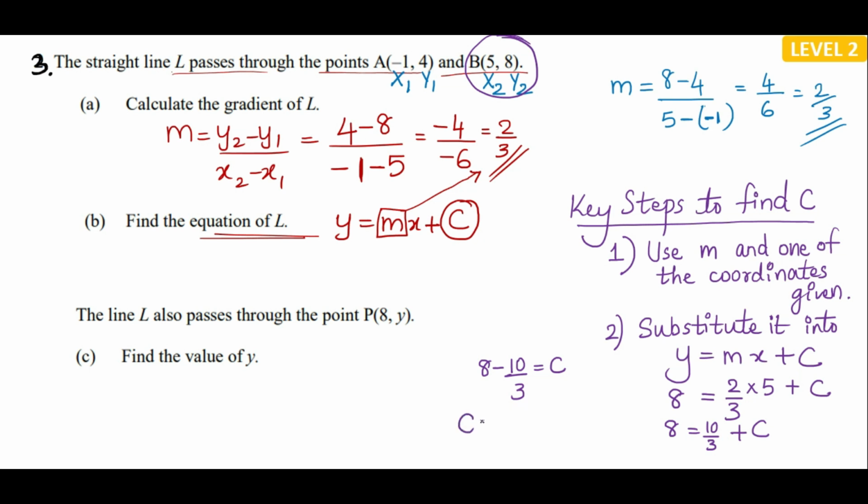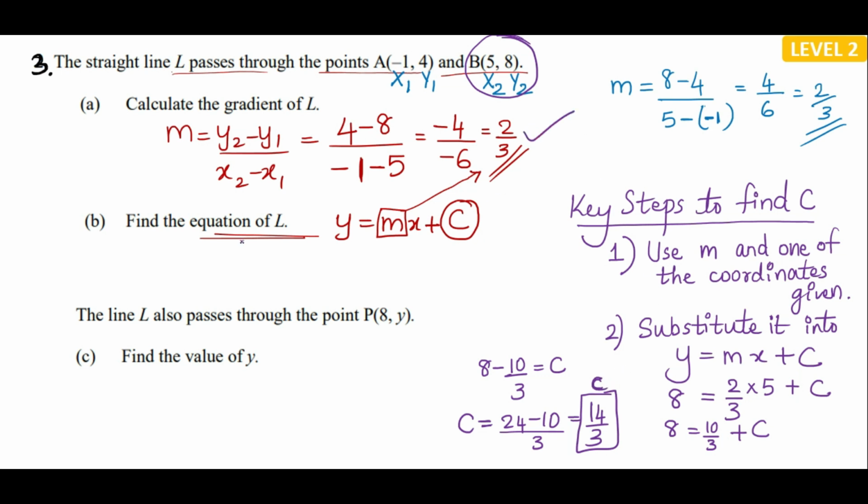So my c is going to be, making the common denominator, I'm trying to find my answer as a fraction, 3 times 8 is 24 minus 10 over 3, giving me 14 over 3. So I have the value for my c now. I have the value for m.